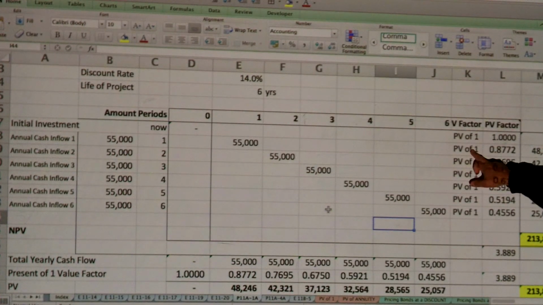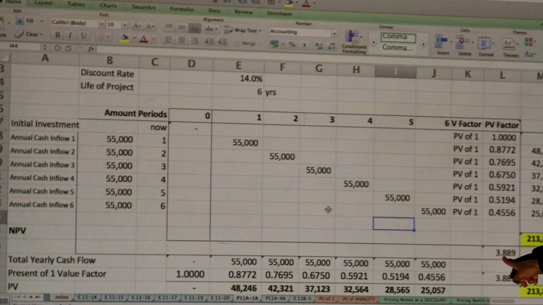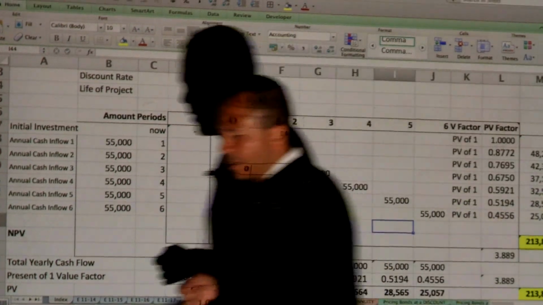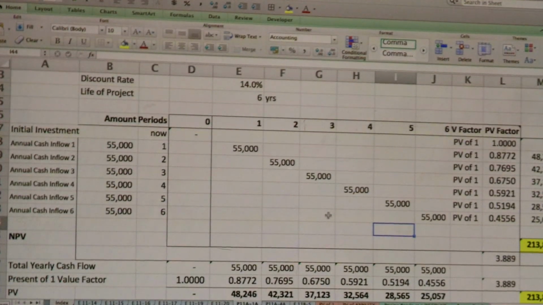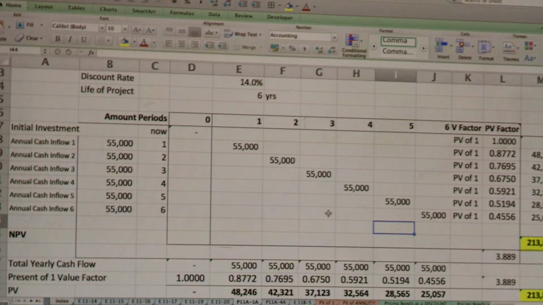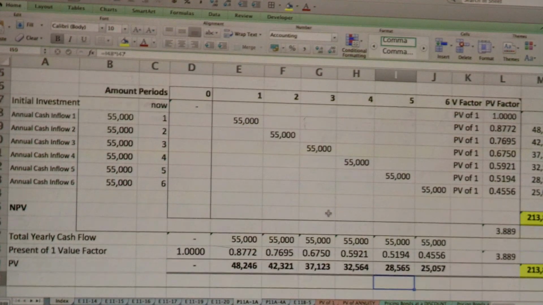For each individual cash flow, you can use a formula to come up with a PV factor, which if you add them up together, you end up with that factor I just showed you up there, and you end up with the same amount. And you can study that table if you wish in your notes once you download this Excel spreadsheet if you want to.